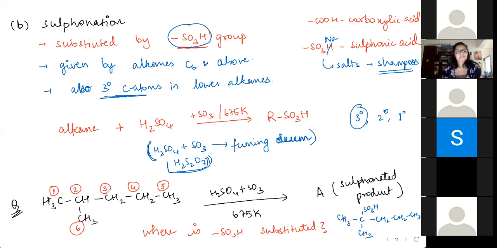Tertiary carbon is more stable, whether it's a free radical or a carbocation. So whenever you have this sort of substitution taking place, this will be the most reactive site. So whatever substitution needs to take place will happen over here.